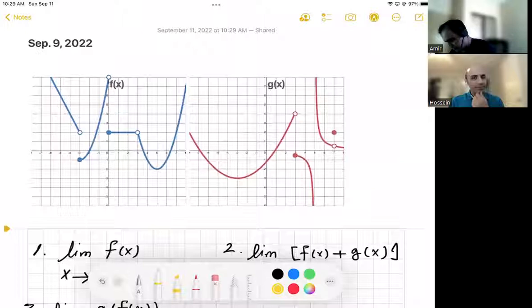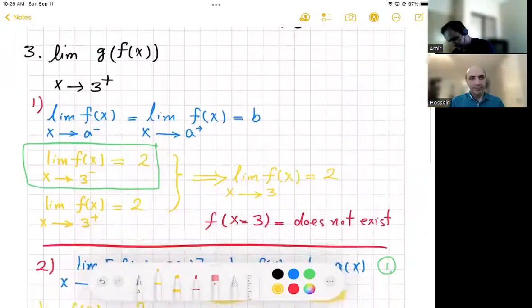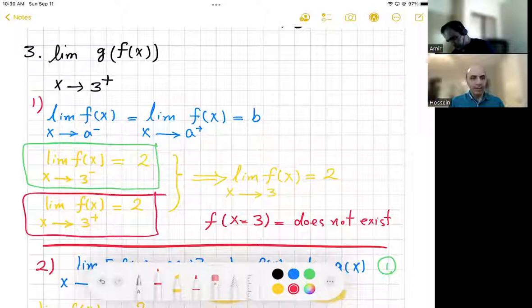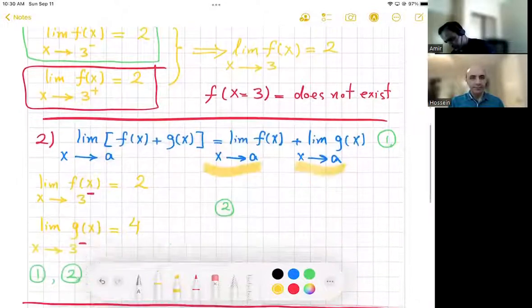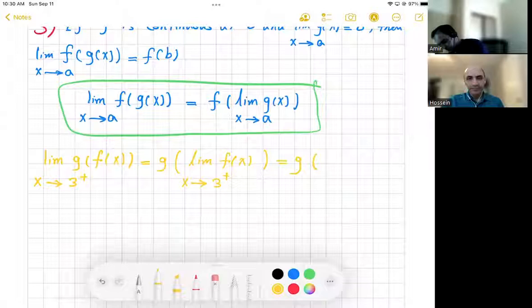We have again x equals 3. When it approaches 3 from the right side, it's equal to 2, as we got in the first part of the problem. So this guy is 2. It's g of 2, and g should be continuous.